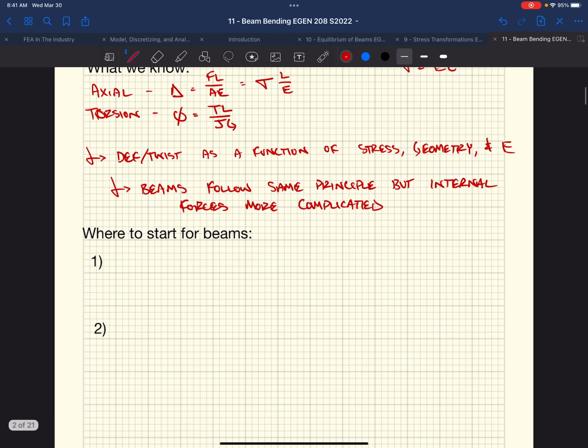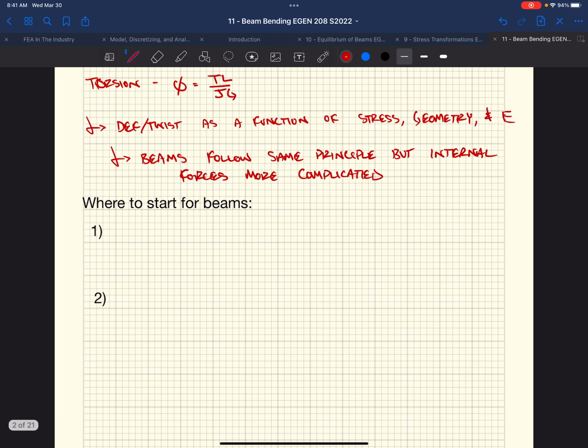Right? So where do we start for beams? We start where, what forces act on or within the beam, right? We need to know forces. Forces will then allow us to get stresses. These forces are our shear and moments, right, that we've just devised.